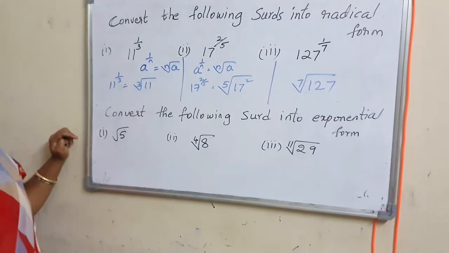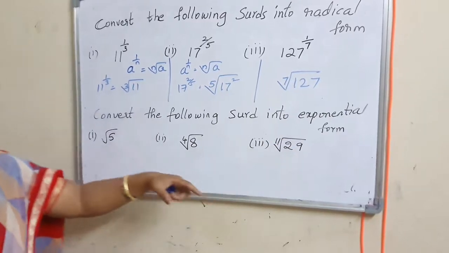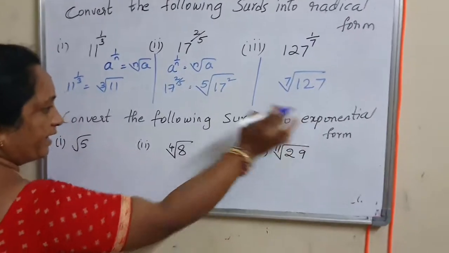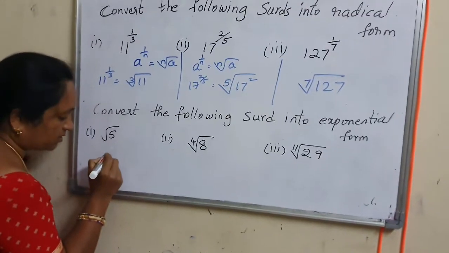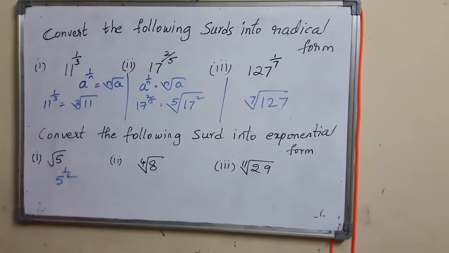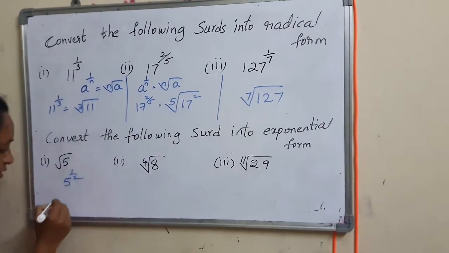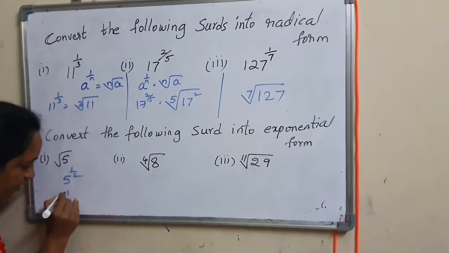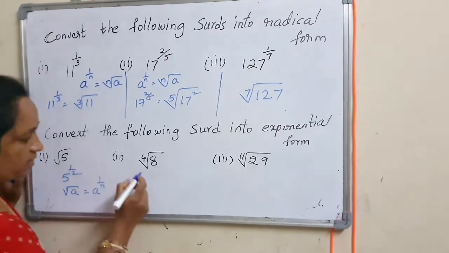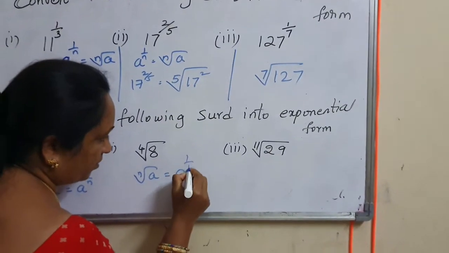Now let us see the reverse form, that is, convert the following surds into exponential form. The given question is in radical form and we need to convert that into exponential form. Root 5 is nothing but 5 to the power 1 by 2. The nth root of a is equal to a to the power 1 by n.